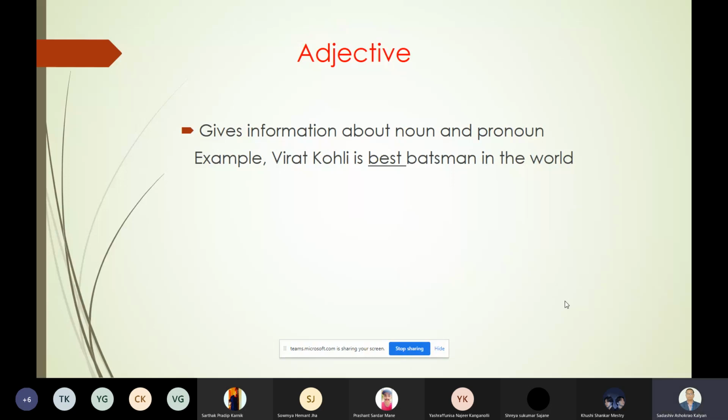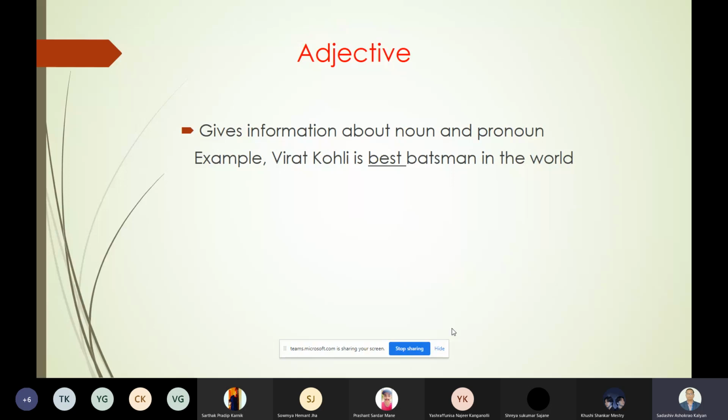Here the word best is used as an adjective, and it gives information about the noun, Virat Kohli. Why is Virat Kohli considered one of the best batsmen in the world? Because he is always practicing playing cricket matches, especially batting.